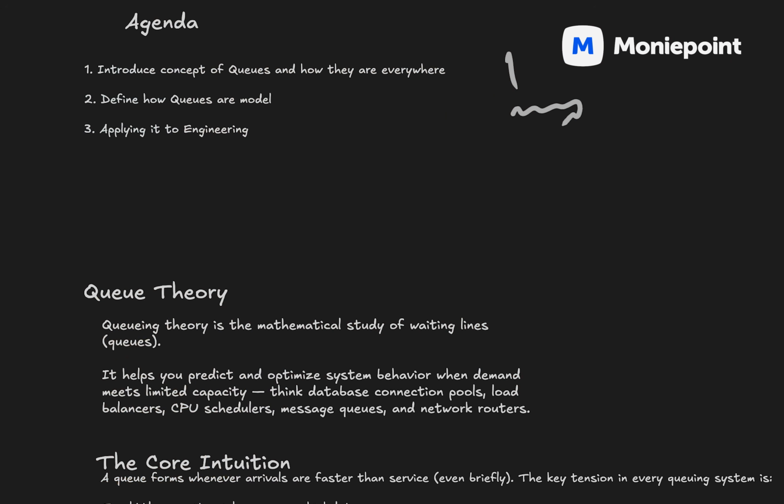Queueing theory is the mathematical study of waiting in line. Most of us Nigerians know of queues, but we know how to jump the queue. It's something we deal with daily, and there are models around it that you can use to predict how the system would behave.